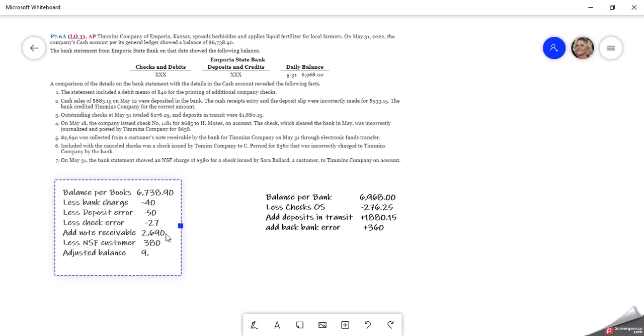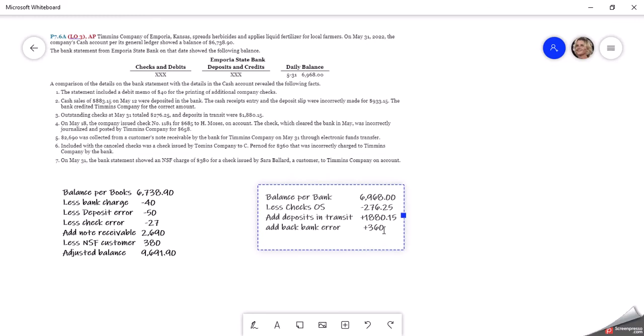That gives me $9,691.90. Let's come over here and see what this adjusted balance is. $8,931.90.